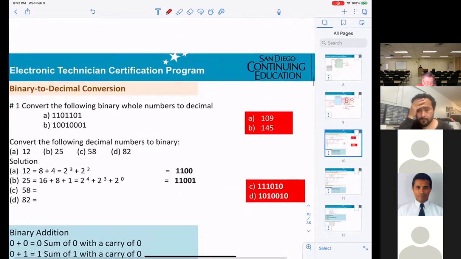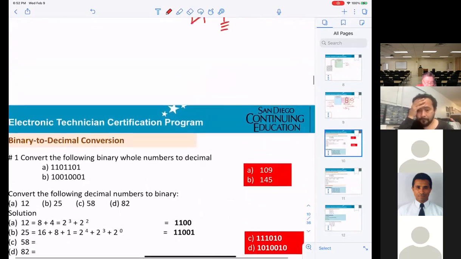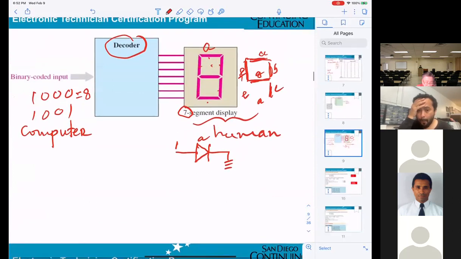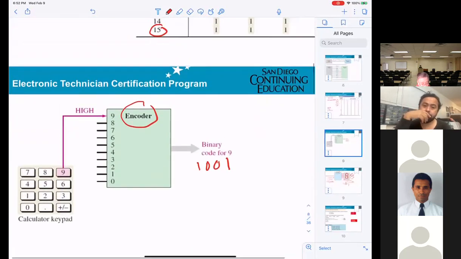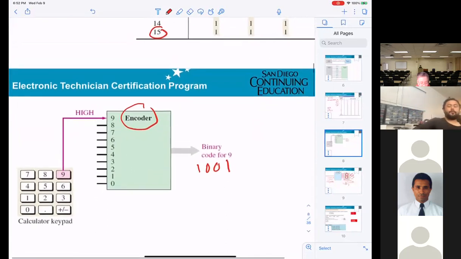Hey, Mr. Pham, a question. The encoder and the decoder, is one of them used more in receiving? Which one is used more in receiving and which one is used more in transmitting? No, nothing to do with transmitting. Depend. If you want to converting from decimal to binary, then you're using encoder.